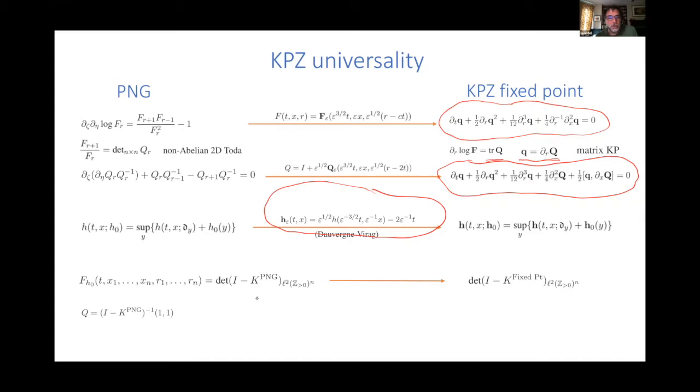And of course, one can wonder if under this KPZ scaling, the Toda and the non-Abelian Toda converge to these KP and matrix KP. Strangely, although that's supposed to be a folk theorem in the literature, if you look in the literature, the actual consensus is that it's false.